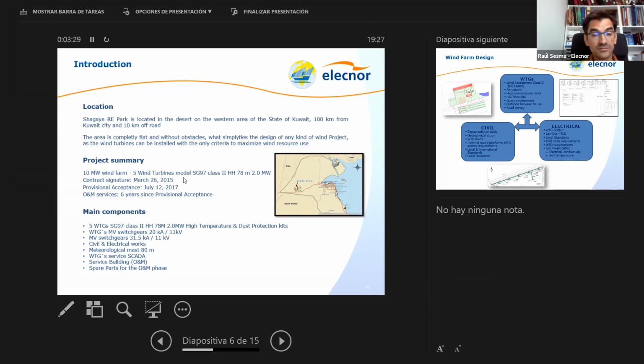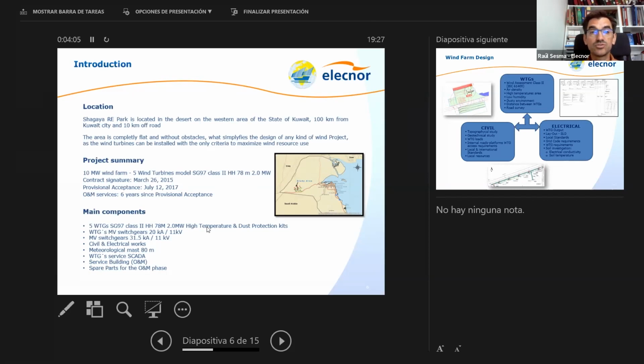We signed the contract in 2015 and finished the construction phase in the summer of 2017. And at this moment, we started the operation and maintenance services. The scope is the turbines, which include a high temperature and dust protection kit. This allows the turbine to perform up to 45 degrees with a slight derating between 40 and 45 degrees.